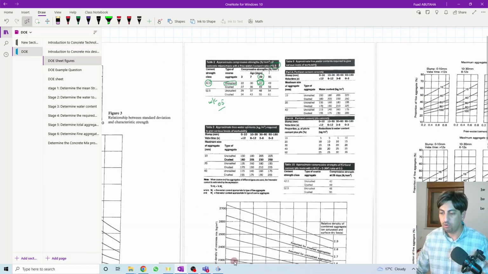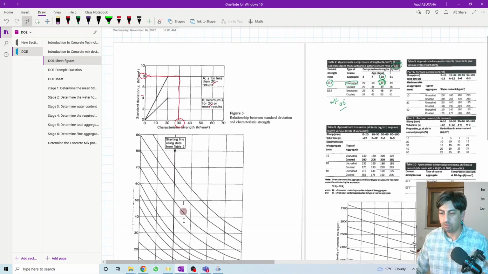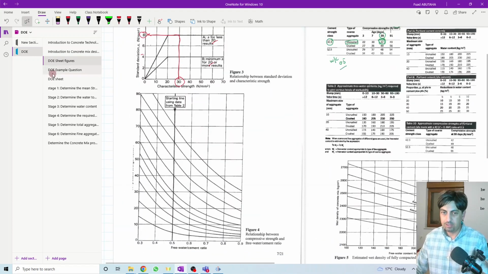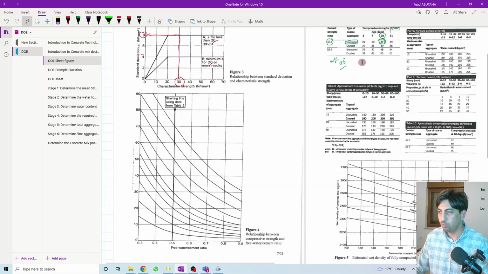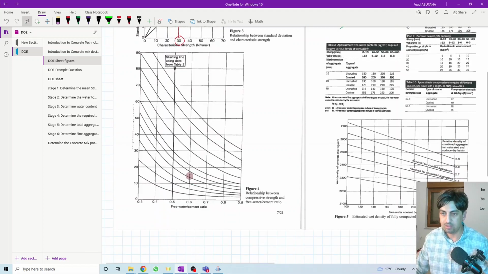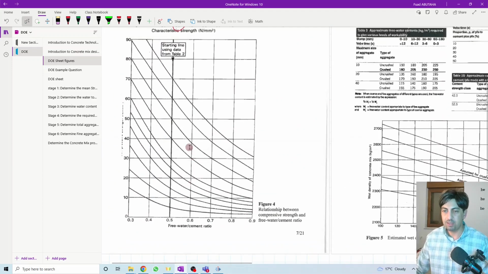Then we go to figure 4. In order to determine the water to cement ratio here, we use table 2 first, then we go for figure 4. So from table 2, we come out with the value of 42, and we come here to this figure. So what is this figure actually?